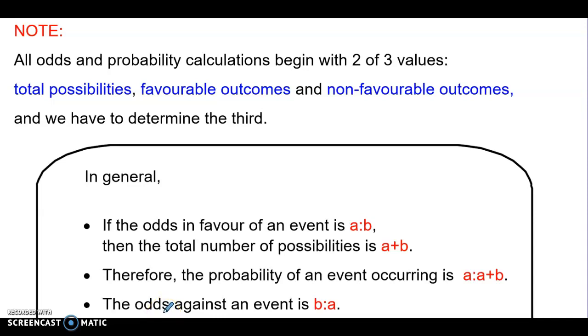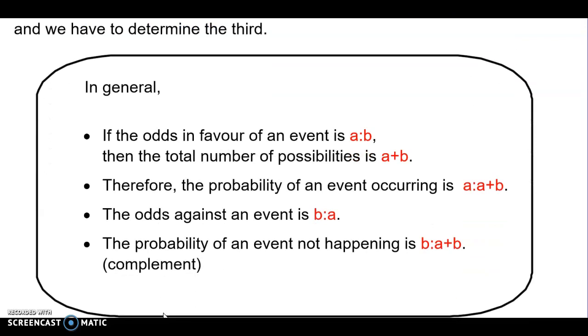So in general, if the odds in favor of an event is A to B, or in other words, favorable to unfavorable, then the total number of possibilities is A plus B. So again, our total number of outcomes is our favorable plus our unfavorable outcomes.